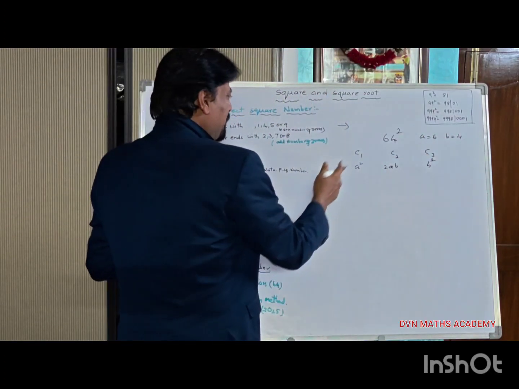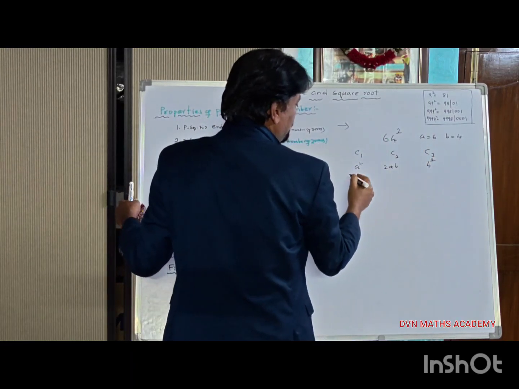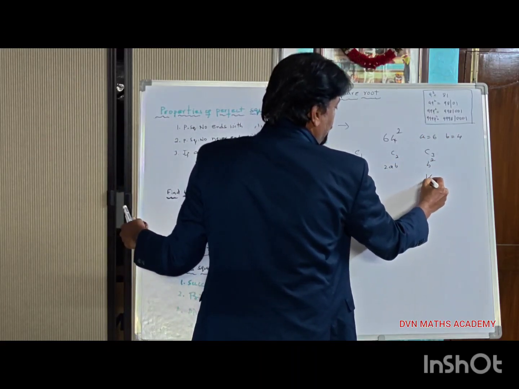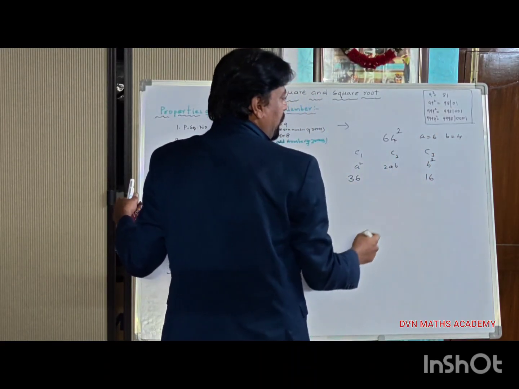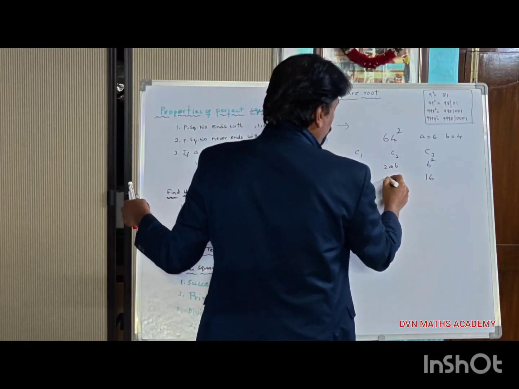Now you write the values. A square, where A is 6, is 36. B square is 16. And 2AB means 2 into 6 is 12, 12 fours are 48.